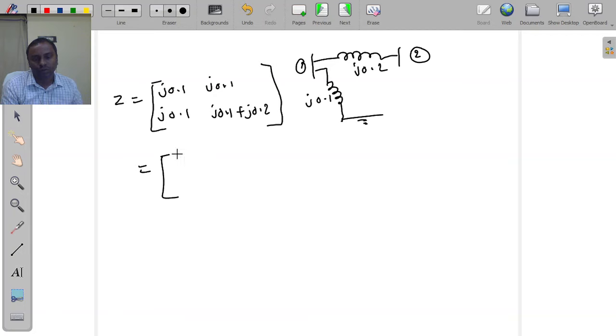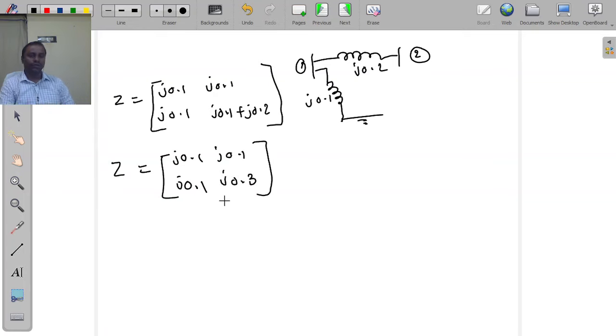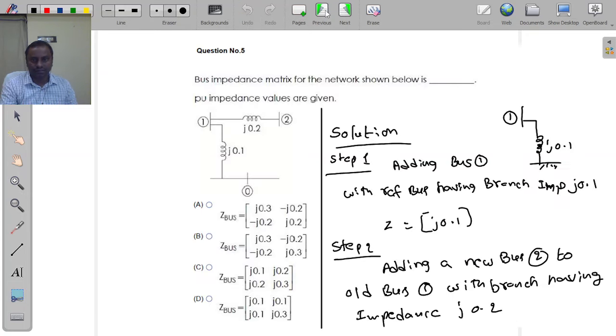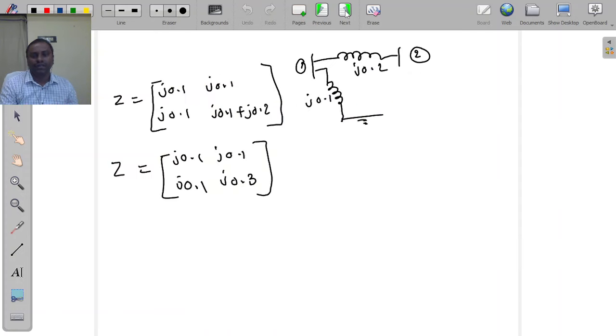Now it becomes a 2 by 2 Z matrix, with j0.1 and j0.1, and this will become j0.3. So j0.1, j0.1, j0.1, j0.3 is the required answer. So the answer for this is option D. Moving on to the next question.